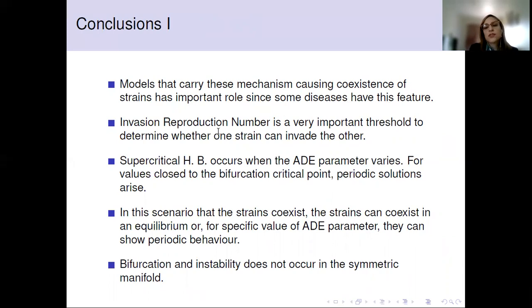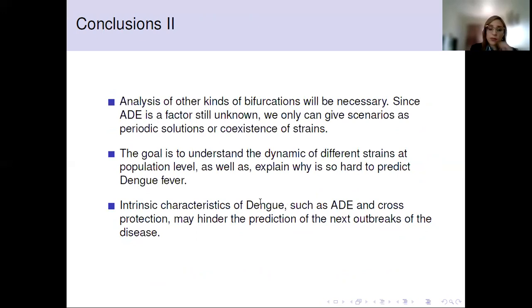The thresholds that we show, like the invasion reproduction number, are very important because they determine whether one strain can invade the other. We also show a supercritical Hopf bifurcation. The parameter phi is very important because we could show that for a critical value there are periodic solutions. We also could show that bifurcation stability does not occur in the symmetric manifold.